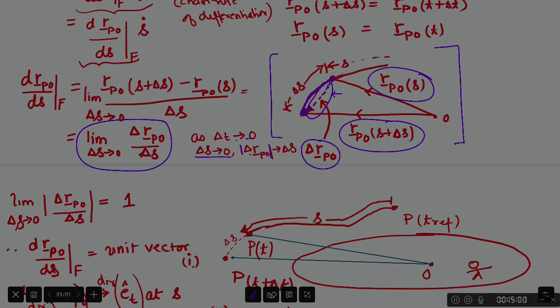And thus the conclusion that the magnitude of delta RPO goes to delta S as delta S itself goes to 0.